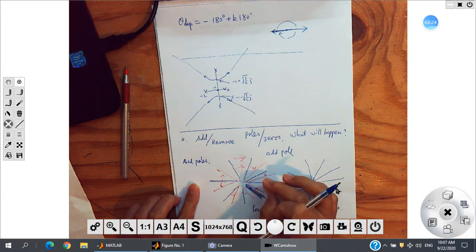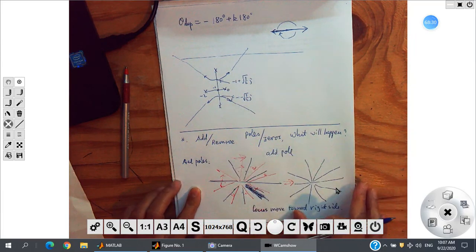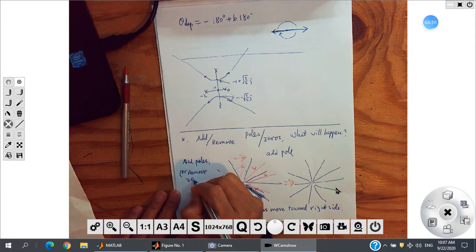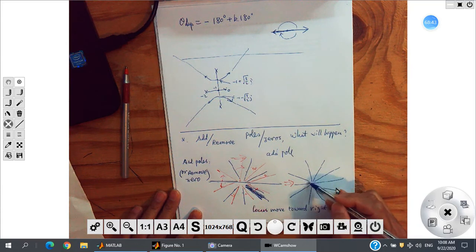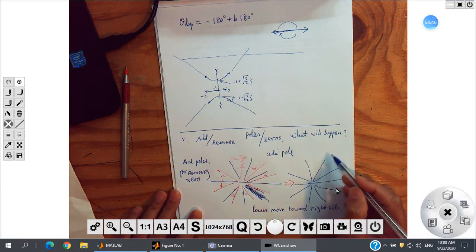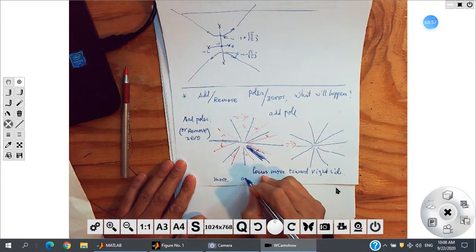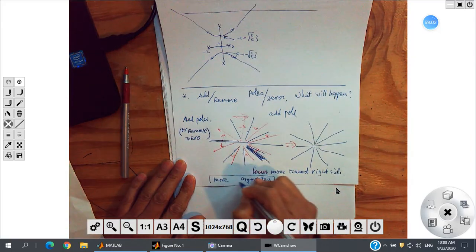So you will have fewer loci going to infinity, and they move left. Adding poles is similar to removing zeros: you have more loci going to infinity, so the loci move toward the right side. More asymptotes.